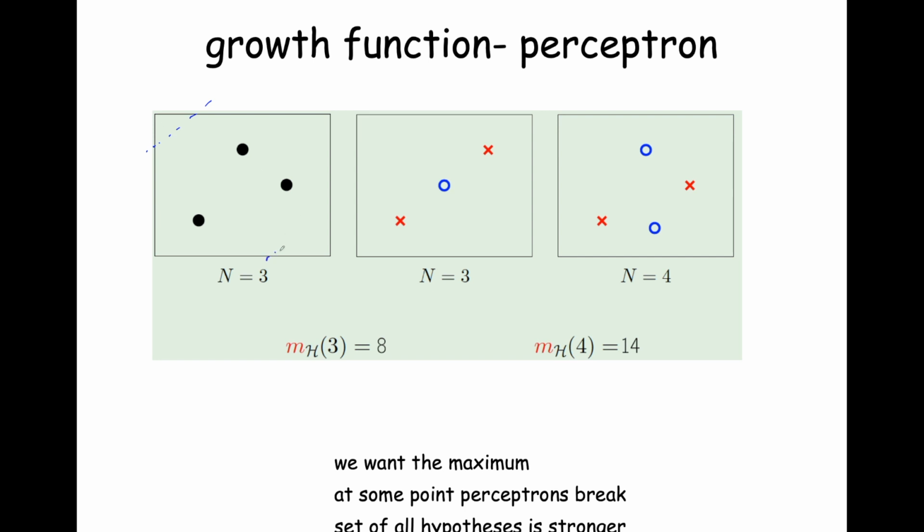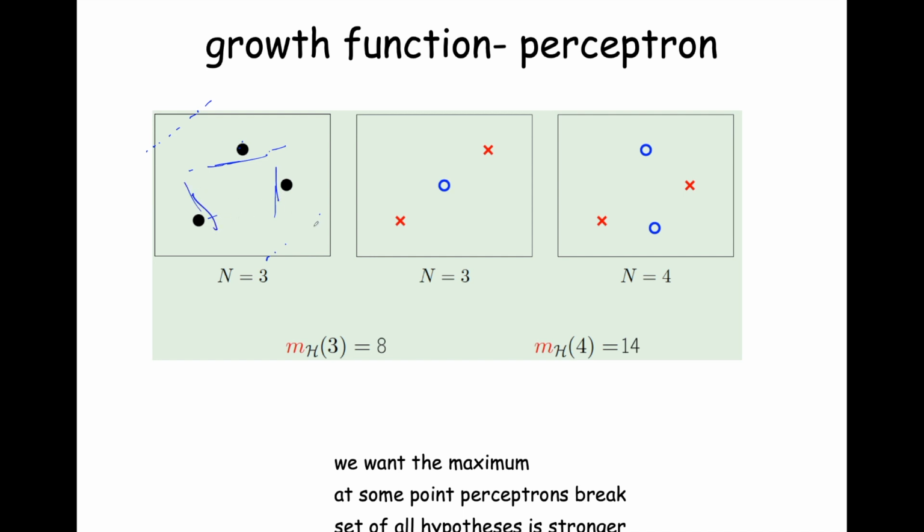If we put the perceptron here, we get all blue, no red. So that's 2. We can partition off this one, so we can get that red and we can get blue. And we can do it the other way, so that we get blue and red. So that's 1, 2, 3, 4, 5, 6, 7, 8.